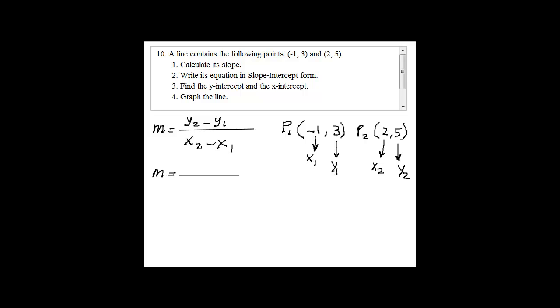So y2 in this case is 5 minus y1, which is 3, over x2, which is 2, minus x1, which is minus 1. All right, I'm waiting for Patrick Adams to give me the answer. What do you get?